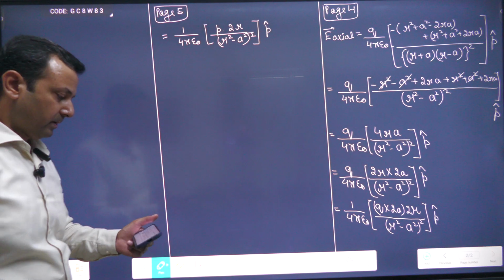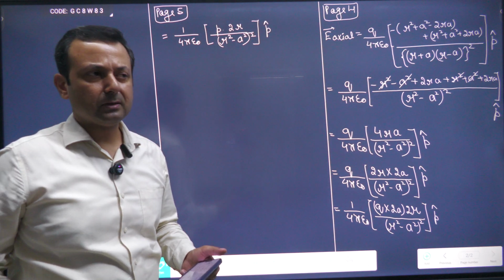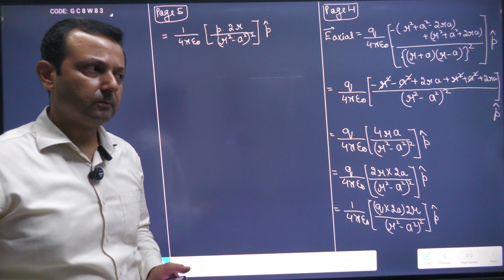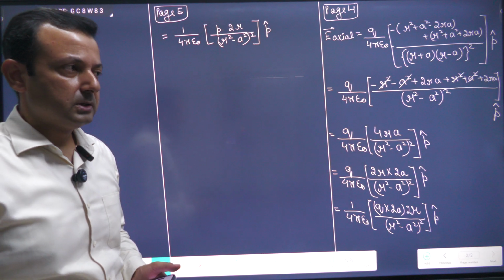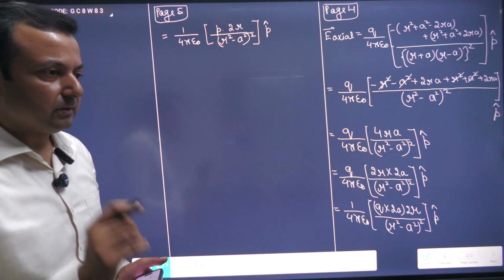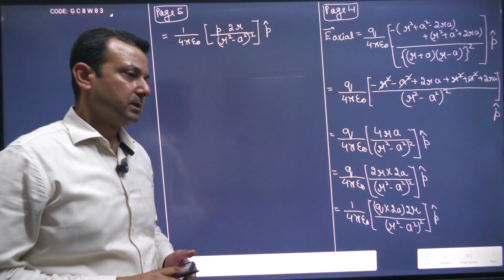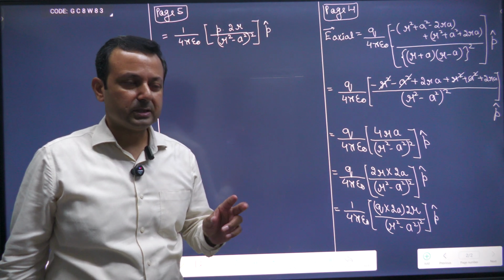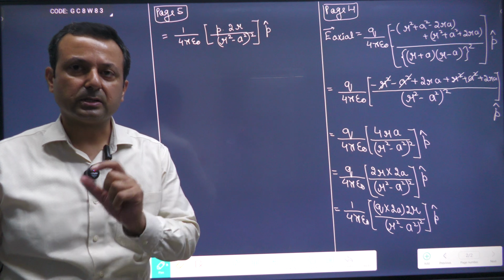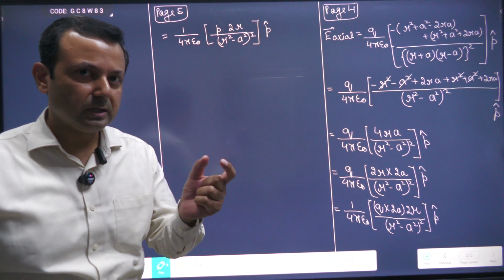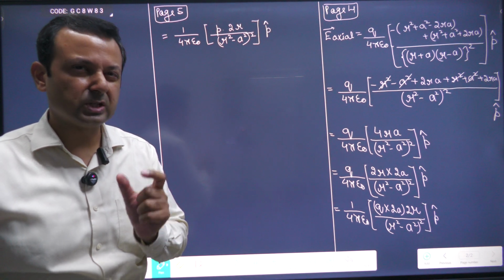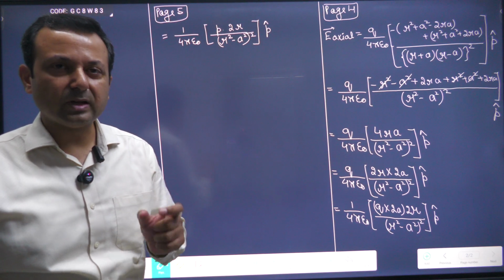Now when we talk about a dipole, the basic definition of electric dipole is this: two equal and opposite charges separated by a small distance. So the distance between negative and positive charge is very small. That 2a is very small.